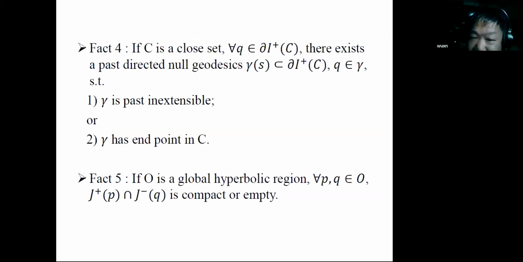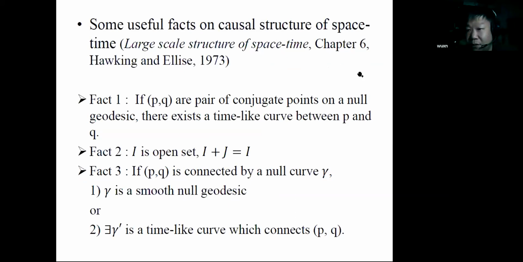The first one is that if P and Q are a pair of conjugate points on a null geodesic, then there will exist a time-like curve between P and Q. It means that if the null geodesic contains a pair of conjugate points, then you can use the variation method to perturb the null geodesic between P and Q, and then you will get time-like curves to connect the two points. That's the first fact.